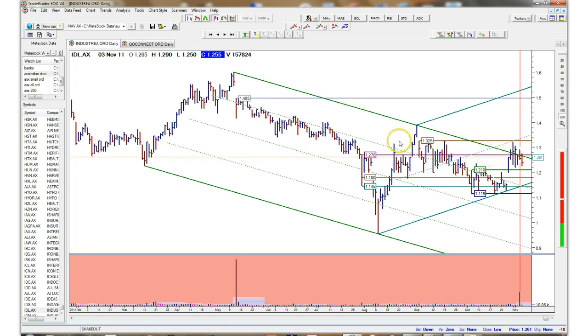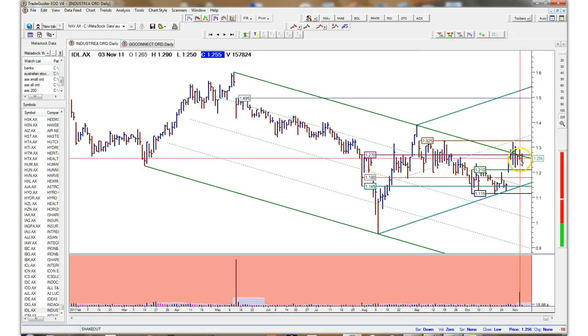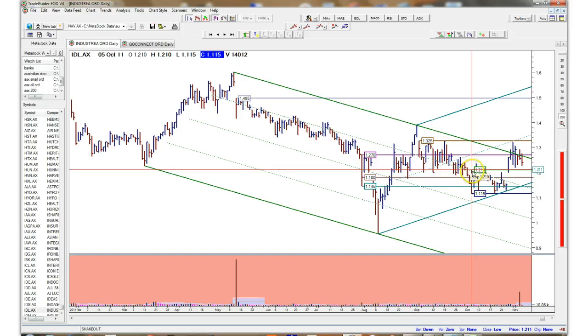Top of the channel. We're in an area of supply from over here, from these bars over here, where there's a bit of distribution happening, and then that's not wanting to go higher at the moment. That's what that's telling me. So I'd expect that to come off. And we can look at the $1.21, but I think the selling is so severe in there that I wouldn't expect that to hold.